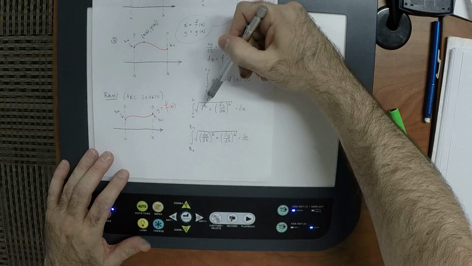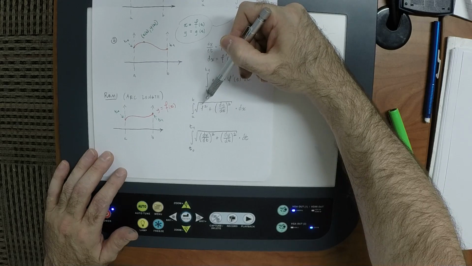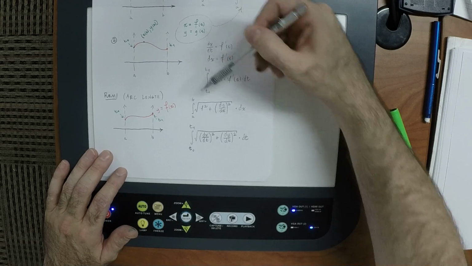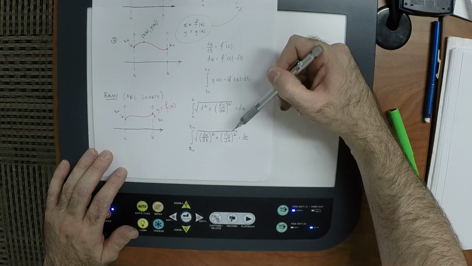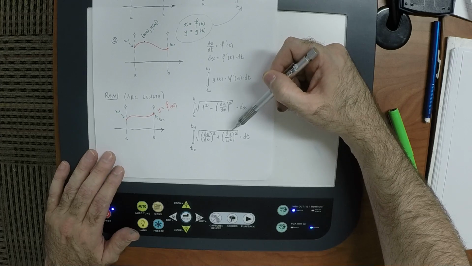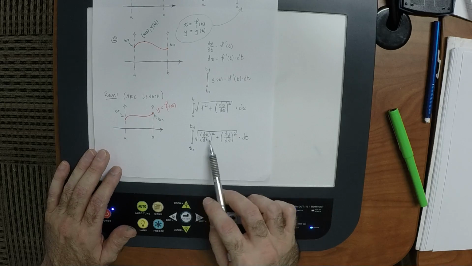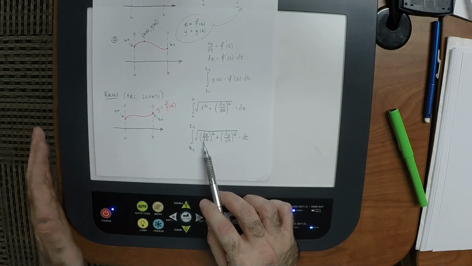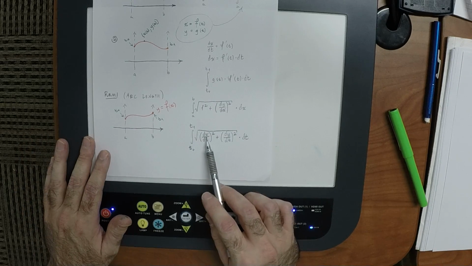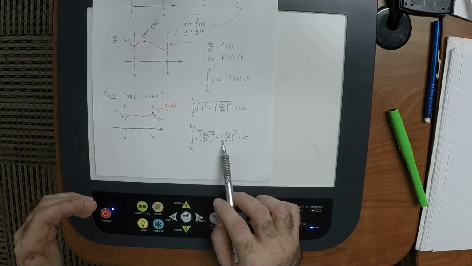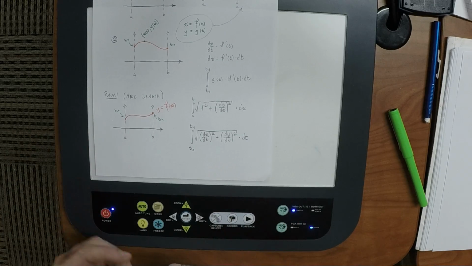Which is why I always write 1 squared, to remind myself that this is the Pythagorean theorem. That's the length of the hypotenuse of a triangle. The horizontal leg is dx dt. The vertical leg is dy dt. You square them, you add them, you square root.